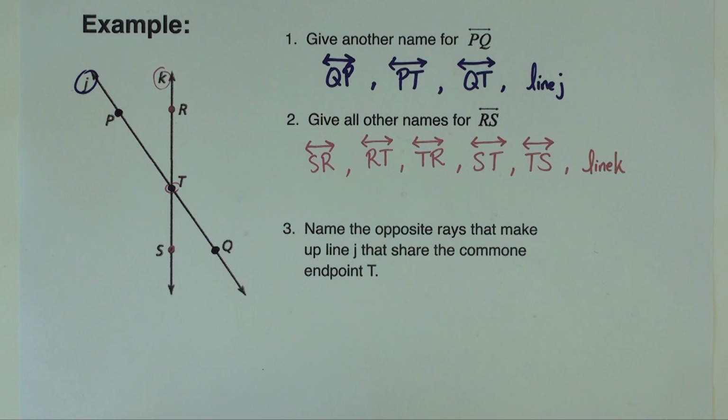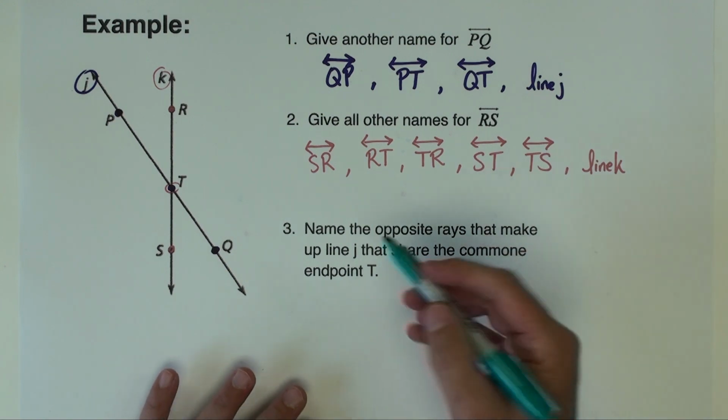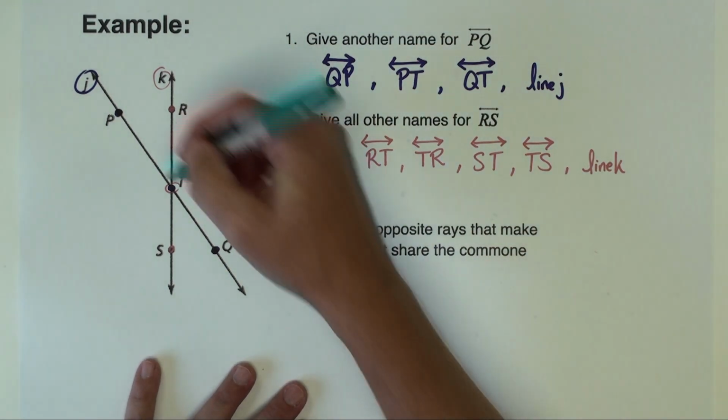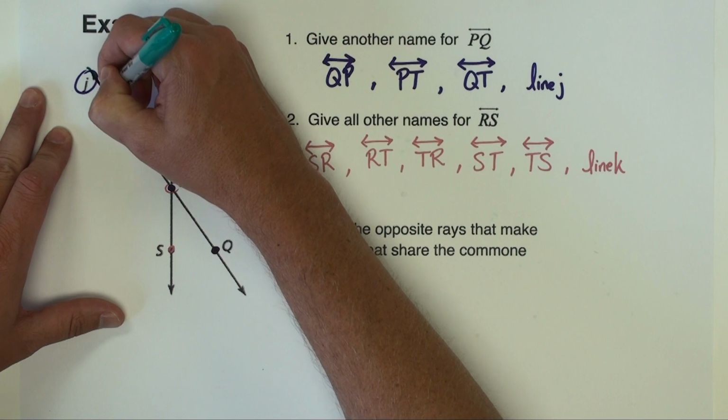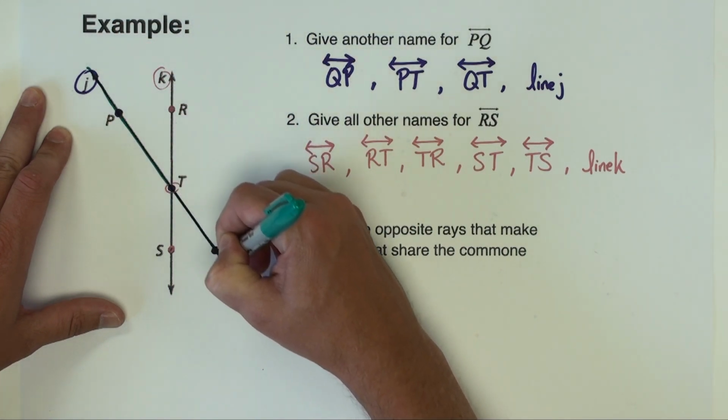Okay, the final question here wants name the opposite rays that make up line J. So line J, let me just draw it here. Line J is this line.